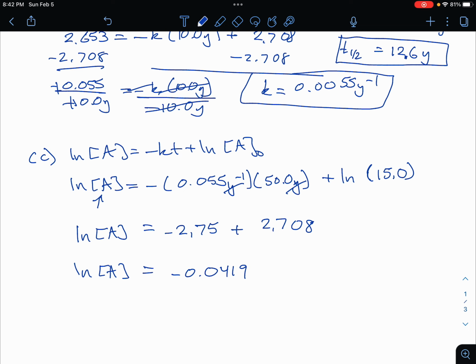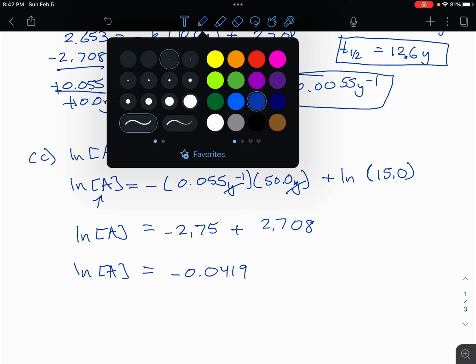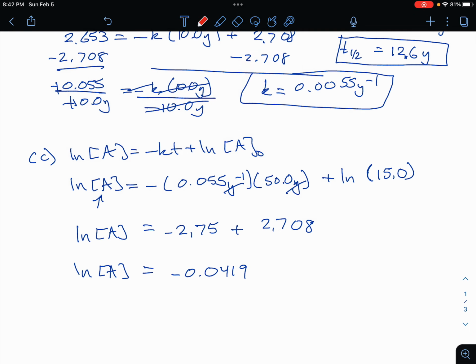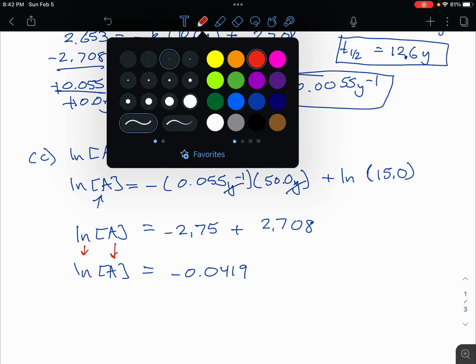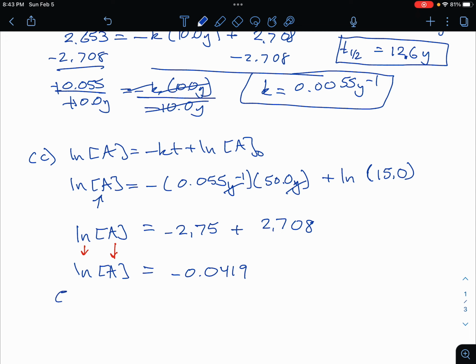Now here's, I suspect, the part of logarithm math that a lot of you have forgotten. You're trying to isolate A here. To isolate a variable, you do the opposite of what's being done to it. What's being done to it is it's having the natural log taken. The inverse operation of natural log is raising something to the power of e, the natural logarithm base number.